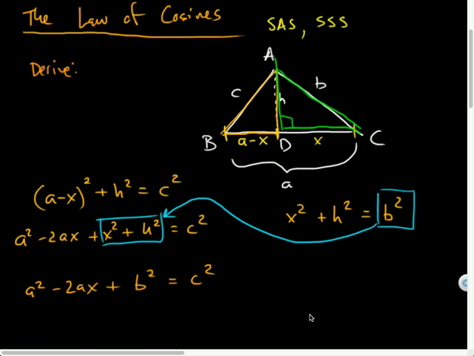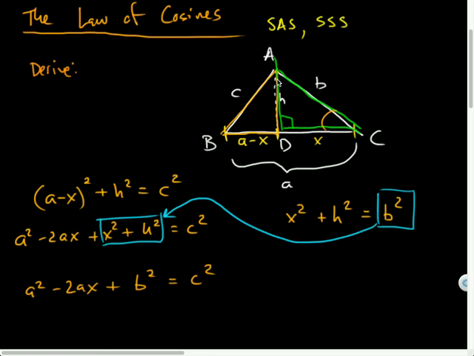So a squared minus 2ax plus b squared equals c squared. So notice what I have right now. I have an expression in terms of a, b, and c, and then x. If I could get rid of this x, that would be great. So let's do that.